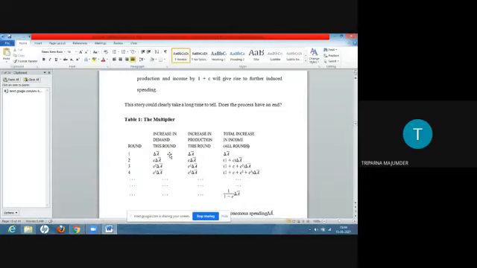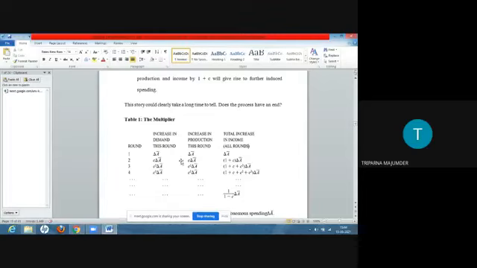Now we move on to the second round. Now there is an increase in production of delta A bar. Out of this, there has been an equal increase in income. From that income, C proportion is consumed. So there is an increase in income of C into delta A bar.